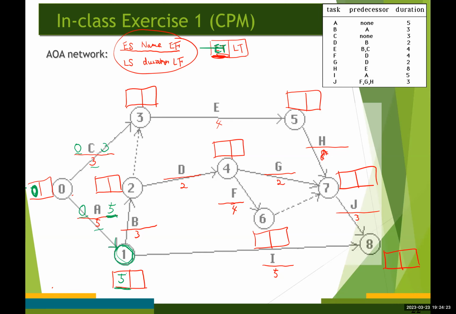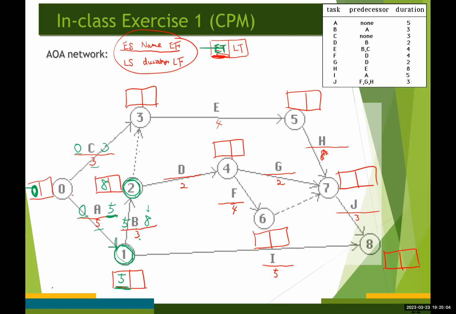Okay. So similarly, the early start time for activity B is going to be 5. Earliest finish time is going to be 5 plus 3, which is 8. Again, event number 2 represents the completion of activity B, so the earliest time for event number 2 is going to be 8.